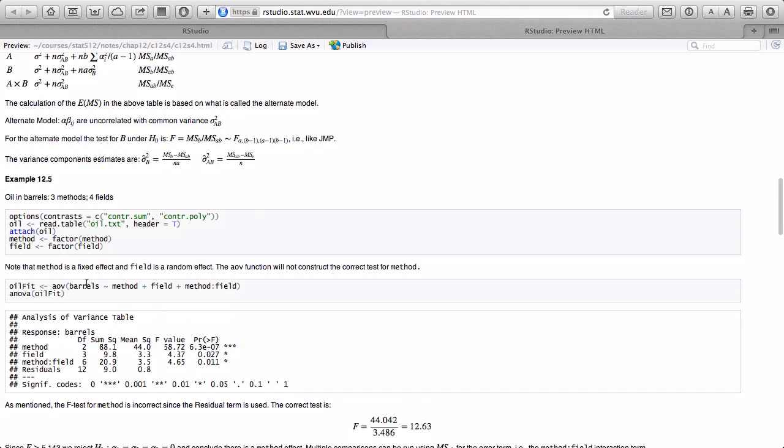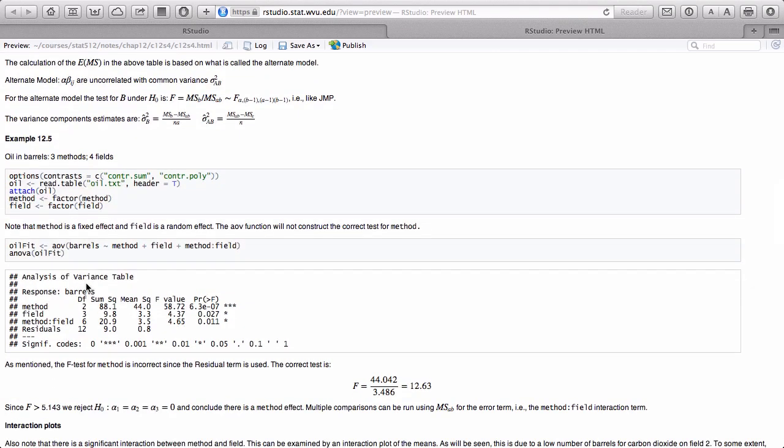Okay, to finish this up, although if I have time, I'm going to show you JMP. We have oil in barrels we're measuring. We're measuring the quantity of oil that is produced using 3 different methods of extraction and 4 different fields. Now, if you were thinking about this, what's fixed and what's random here?